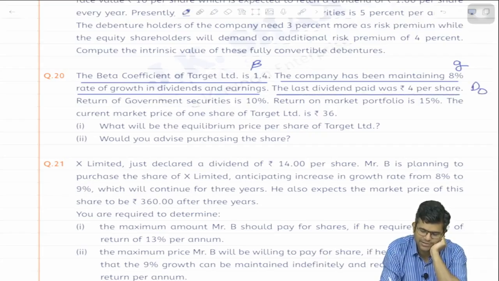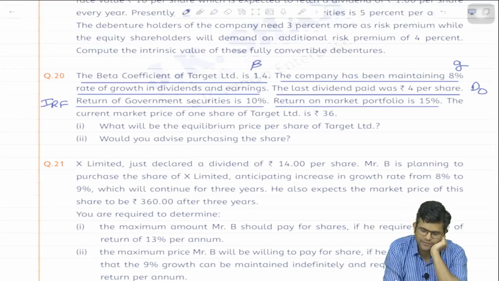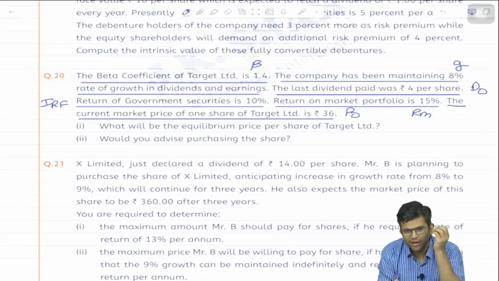This is your D0. Return on government securities is 10%. This is IRF. Return on market portfolio is 15%. This is RM. The current market price of one share is 36. This is P0.